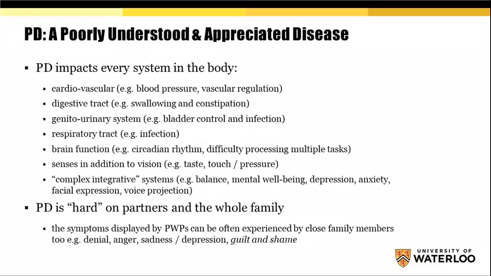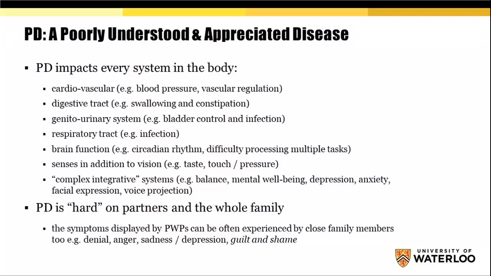PD, Parkinson's disease, is a poorly understood and appreciated disease. It impacts every system in the body: cardiovascular, digestive tract, genitourinary system, respiratory tract, brain function, senses in addition to vision. Taste is lost, touch and pressure, feelings in your feet can be lost. And it particularly impacts complex integrative systems like balance, mental well-being, facial expression, voice projection.